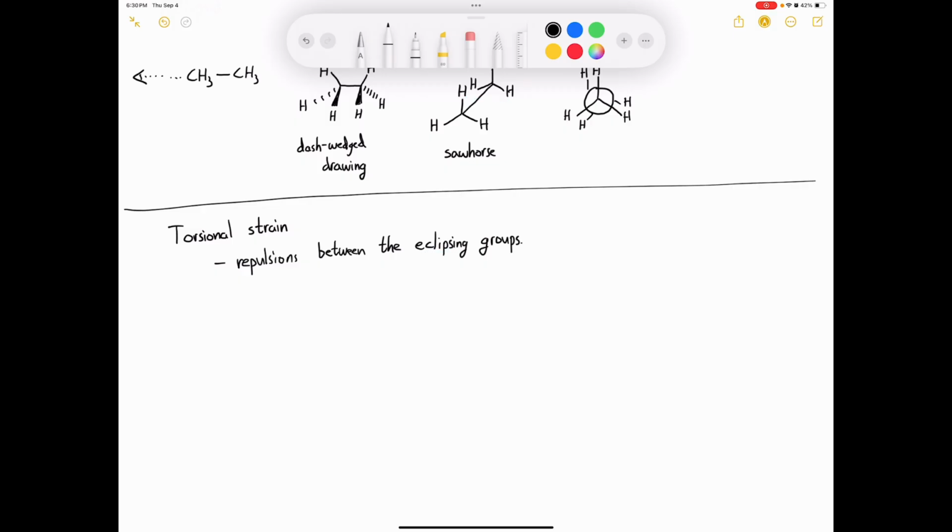From this position, you will see an increase in energy.